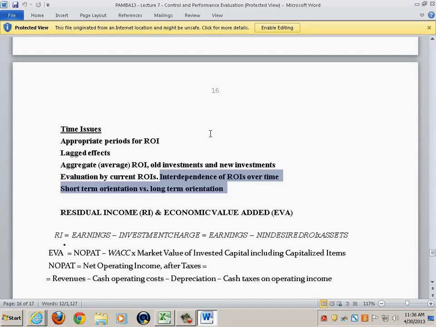So that's an important timing issue when you analyze the meaning of the ROIs. Because mostly each ROI is a one-period investment measure. It's not a multi-period measure, but the effects could be multi-period effects. That's important to remember.